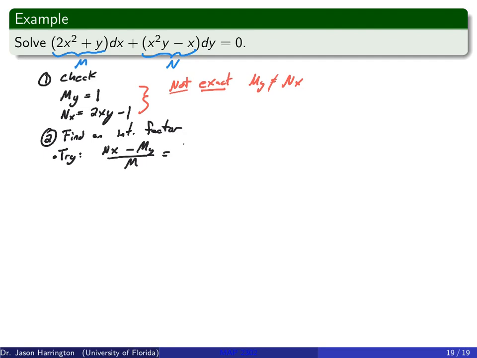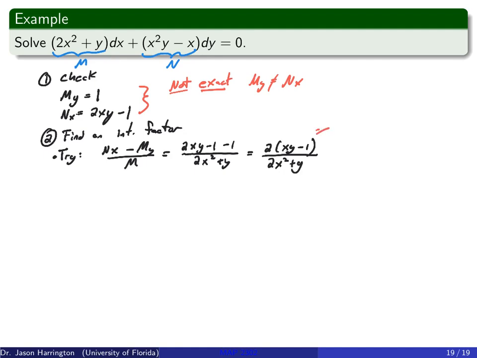So n sub x is just going to be 2xy minus 1, and then I'm going to subtract 1, divided by m, which we have as 2x squared plus y. And in the top, I can simplify that. I can factor out a 2 and write that as xy minus 1, divided by, in the bottom, just 2x squared plus y.